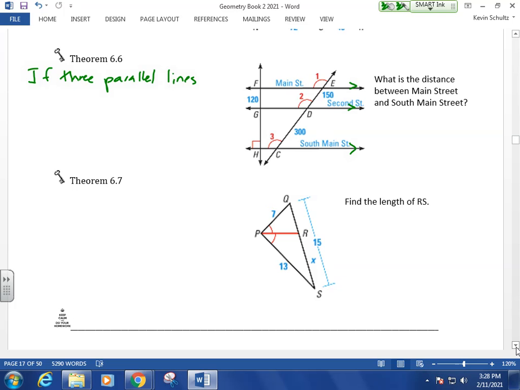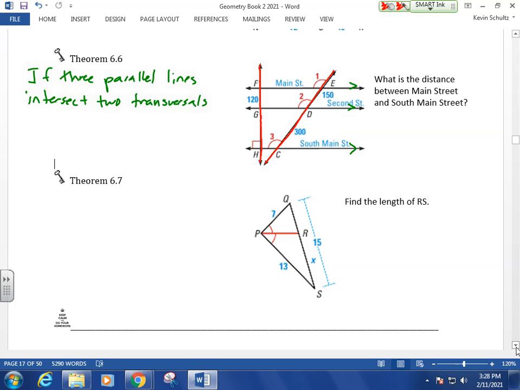Okay? So if three parallel lines intersect two transversals, and remember, a transversal is just something that connects two parallel lines. Our transversals here, I'll highlight them in red. We have FH, which goes through all three parallel lines, and EC, which goes through all the parallel lines.